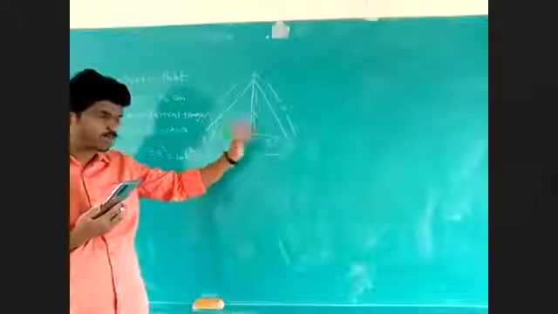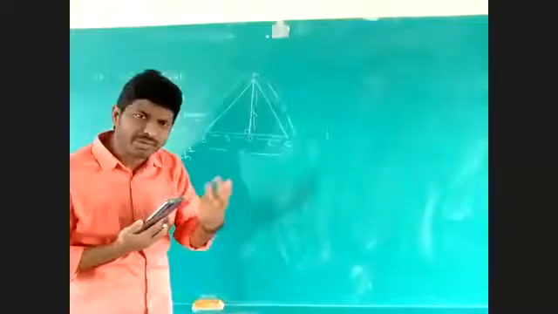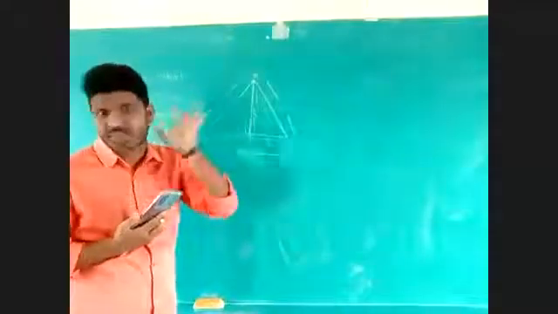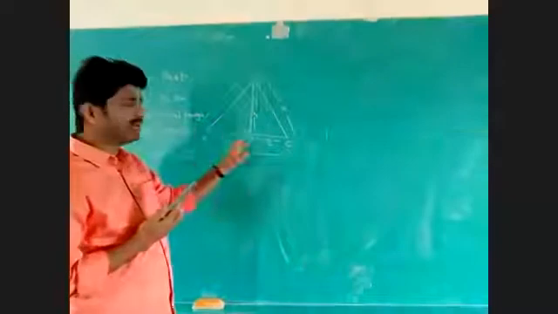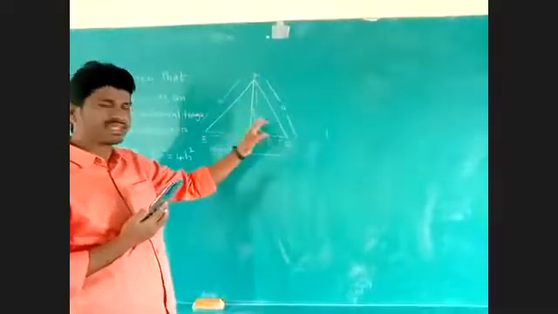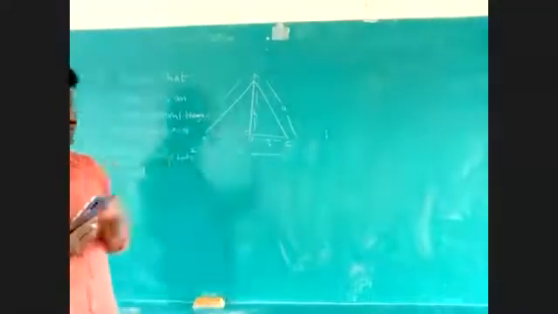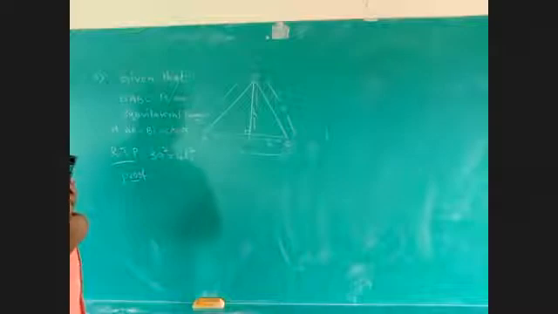From these two right angle triangles, take any one, then apply the Pythagoras theorem. Take triangle ABD, your wish. Triangle ABD.